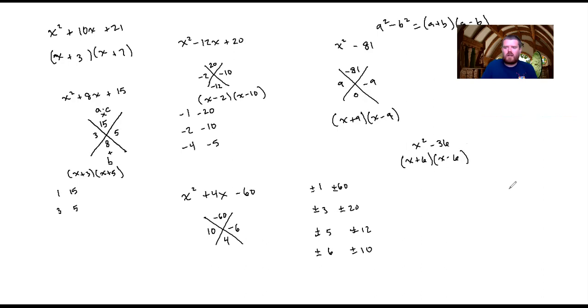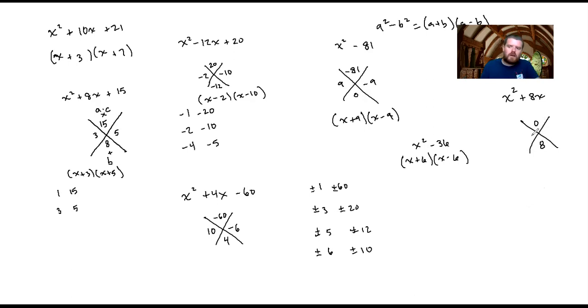Also, you could have an example where you have a c term that's 0. So x squared plus 8x. If there's no c term here, you can still use the x if you want. I'm looking for two numbers that multiply to get 0, but add up to 8.